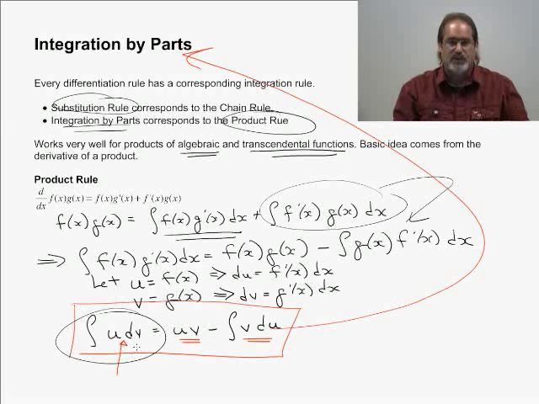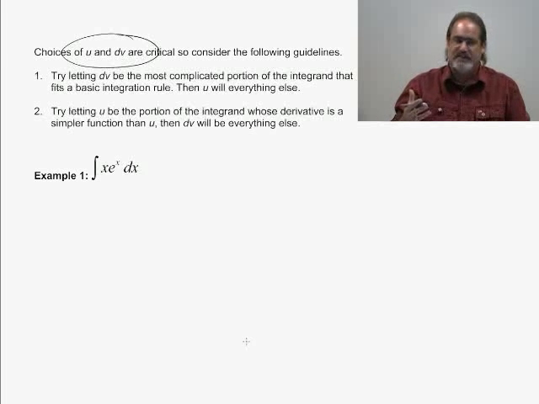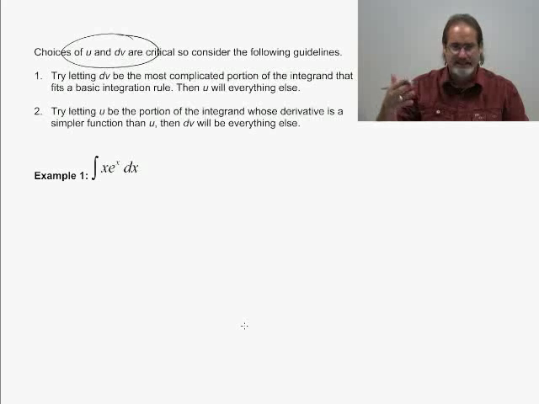As a hint, you may try letting dv be the most complicated portion of the integrand that fits a basic integration rule. So I want the most complicated piece that I know how to easily integrate, and then let u equal everything else.